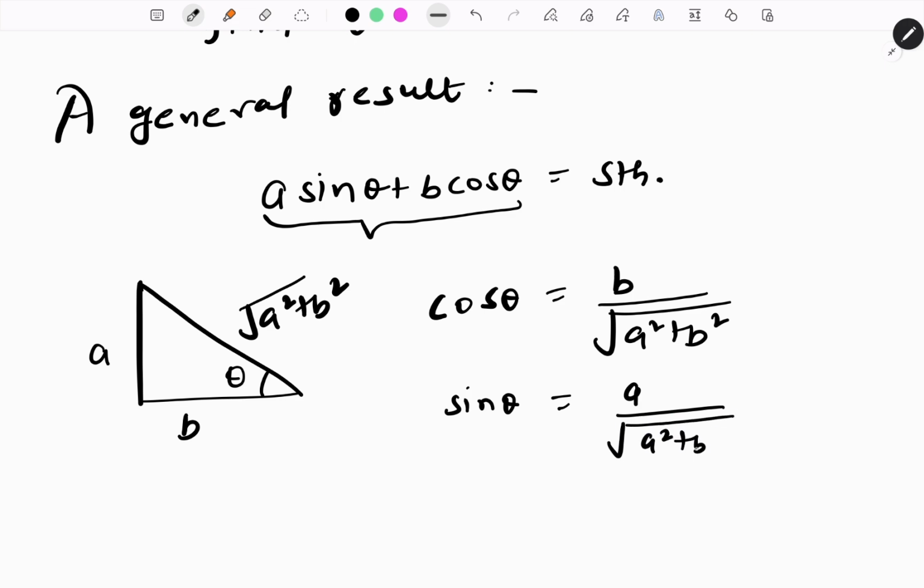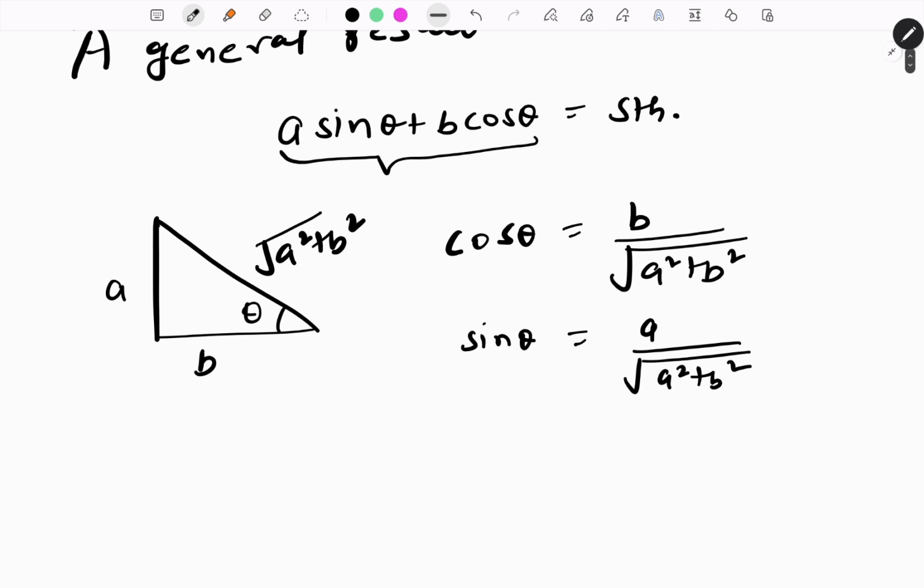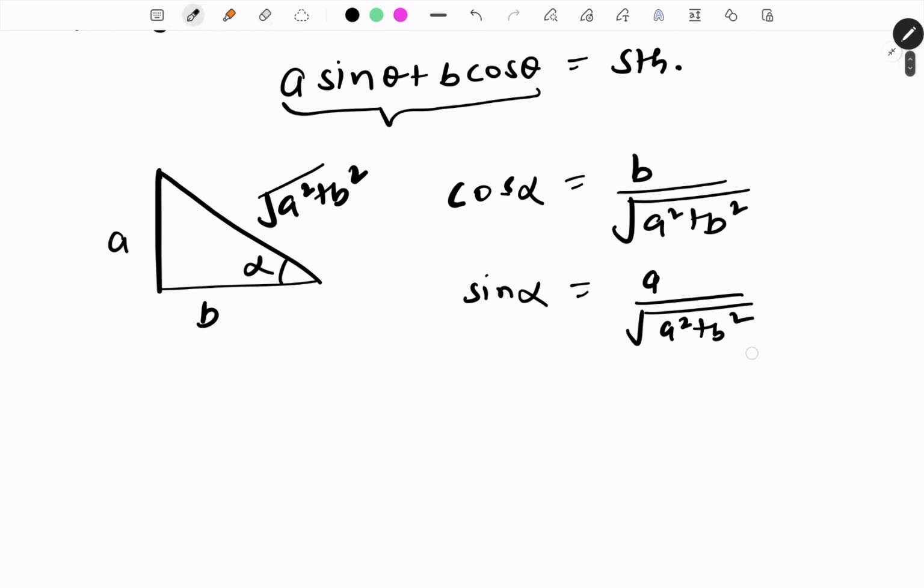So that gives us a hint in this direction. Because theta is the variable, let's take some other variable. So let's say that this is alpha, because this is some other angle.